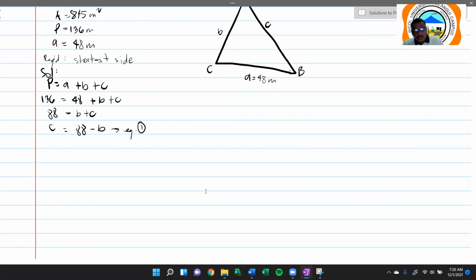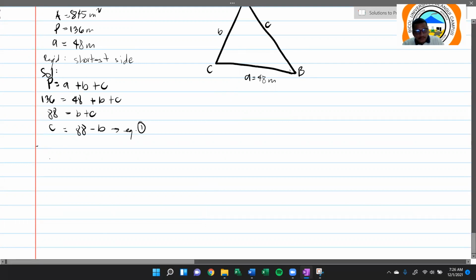Also, we have the sides to be used. So if our semi-perimeter is equal to P over 2, we have 136 over 2, which is equal to 68 meters. This is our semi-perimeter.